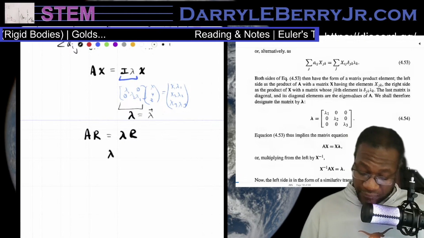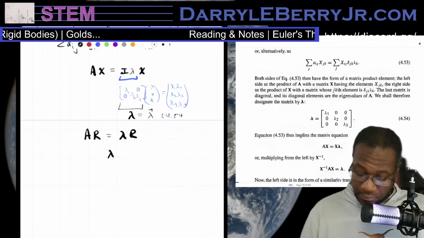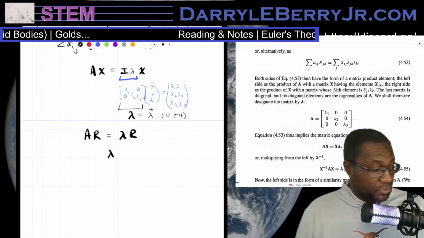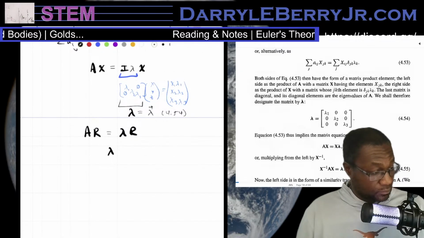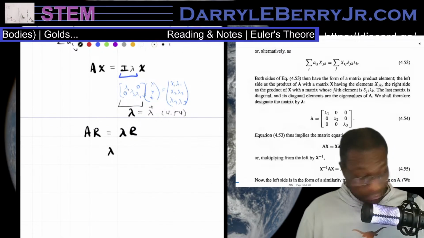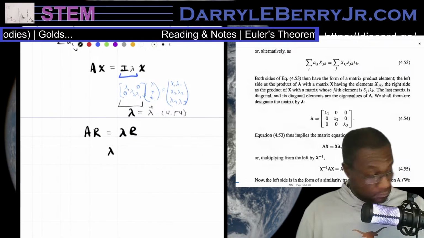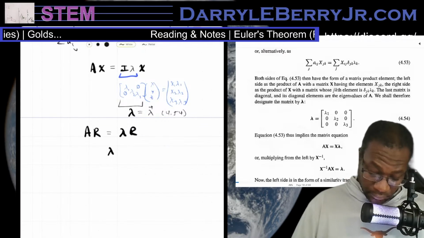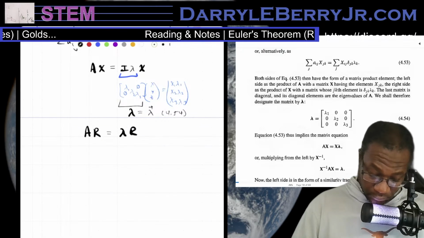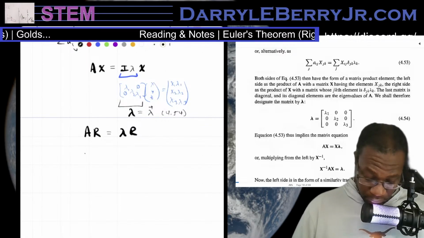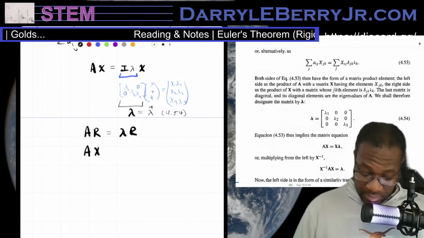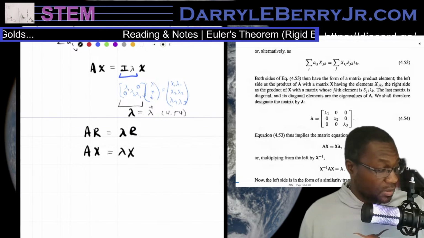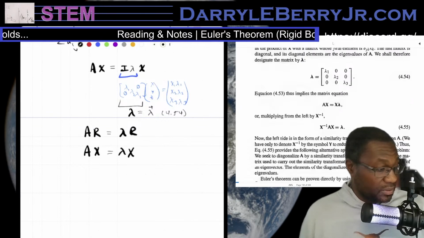And if it's 4.54, equation 4.53, that implies the matrix equation. Yep. Is equal, multiplying from the left.